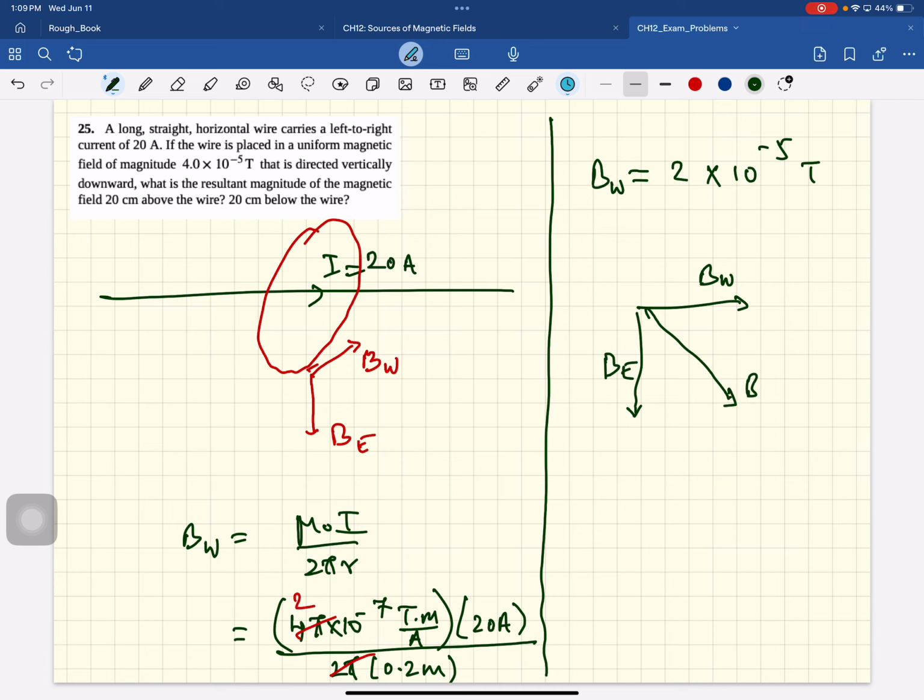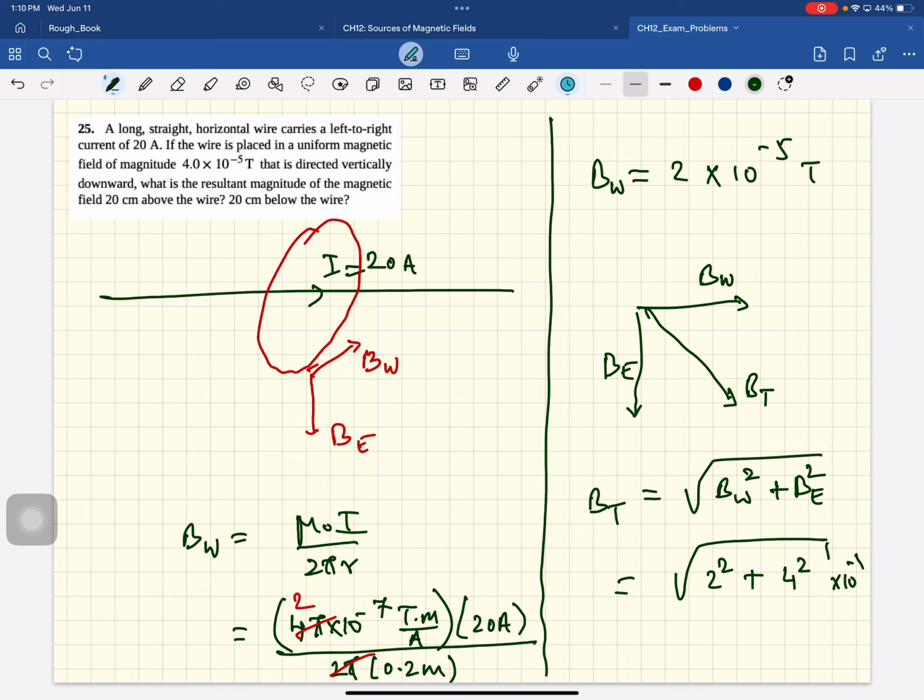The magnitude of the total field is 16 square root of 20 into 10 to the minus 5 tesla.